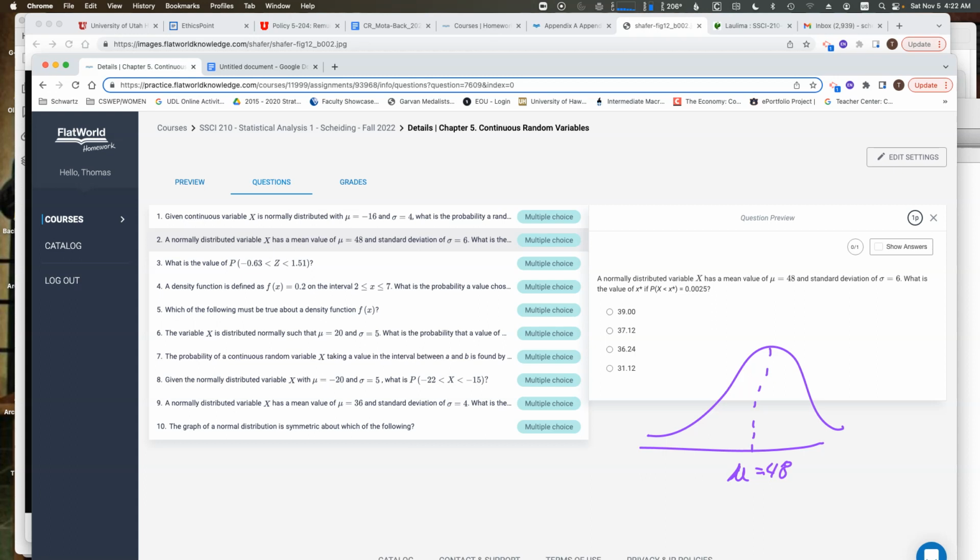We have to find the z value. We can solve for the unknown. What we need to do here is find the value of z. So for 0.0025, sorry, I have to exit this.